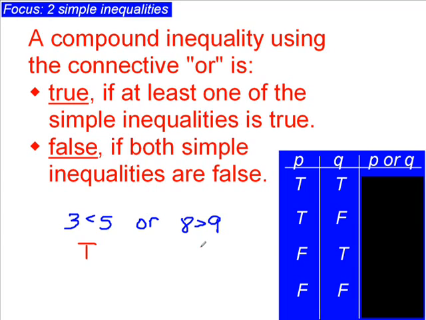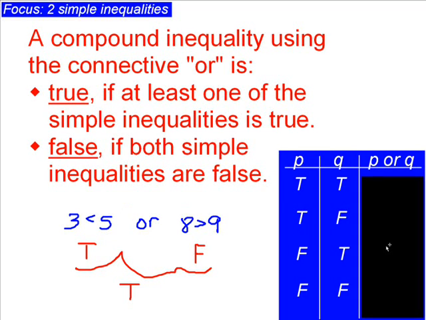Then we would look at the second simple inequality, 8 is greater than 9, which of course is false. If you look back at this first rule, it says if at least one of the simple inequalities is true, the entire compound inequality is said to be true, making this compound inequality true.